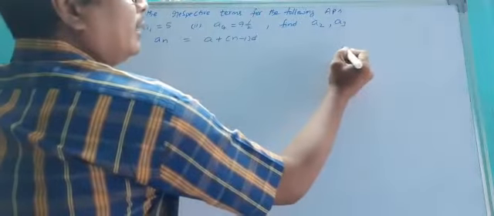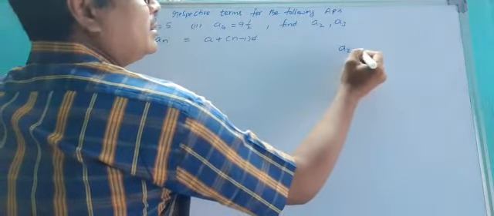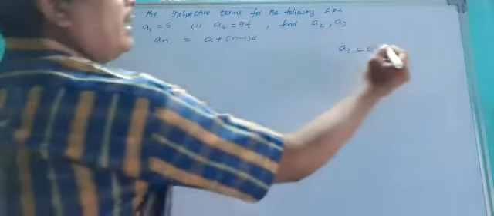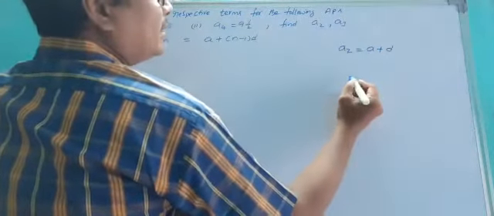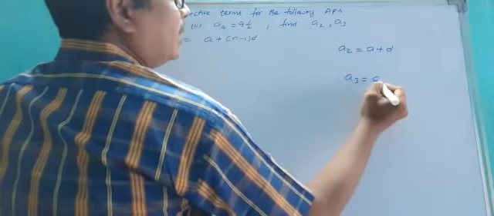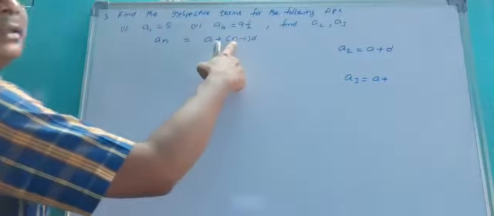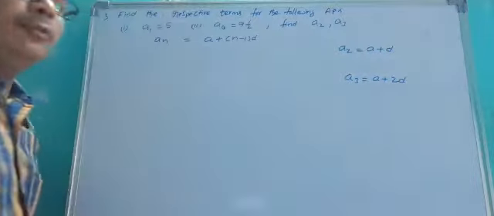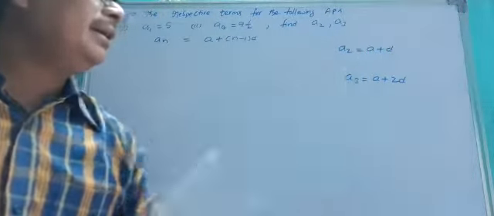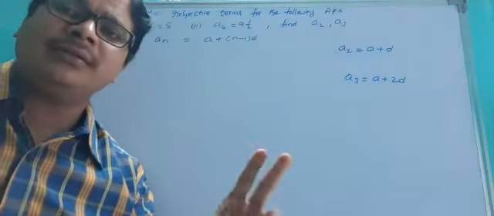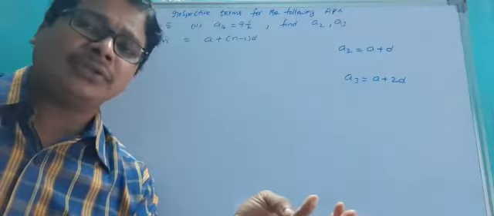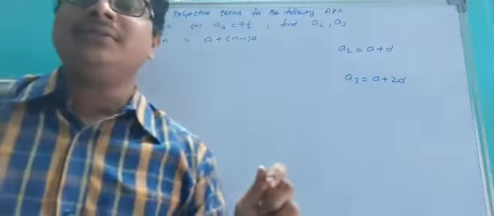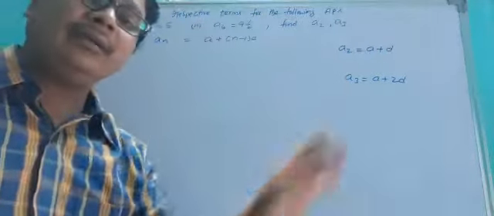So a2 means a plus (2 minus 1), that means 1d. Next a3 equals a plus (3 minus 1), that equals 2d. If you want to find a2 and a3, you should know two values: a, the first term, and d, the common difference. Without these two values, we cannot find a2 and a3.